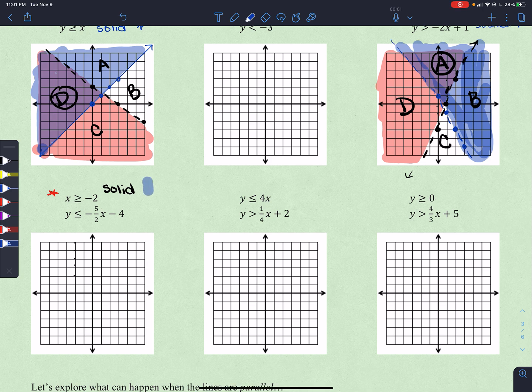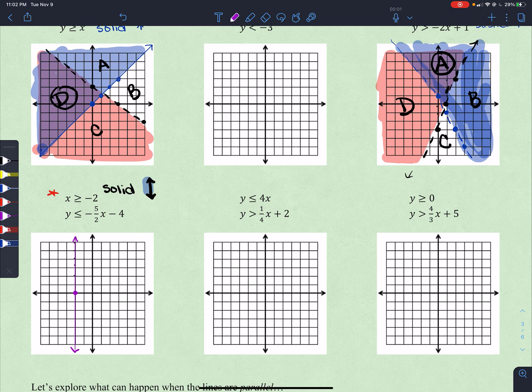Okay. Right? So I'm going to draw this in a different color so that we can see it, because I'm going to go to where x is negative 2, and I'm going to draw a vertical graph right through that.